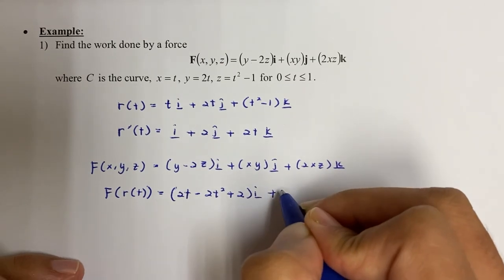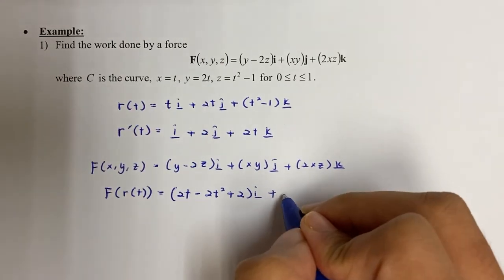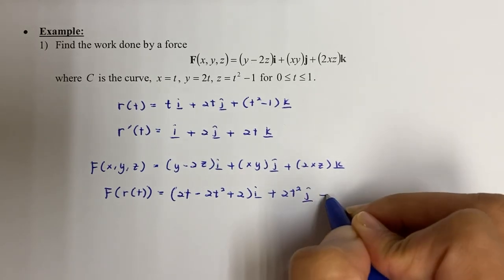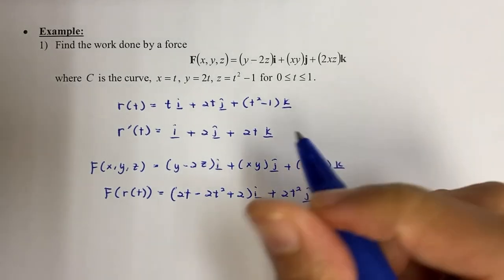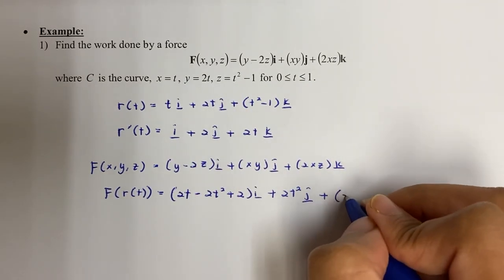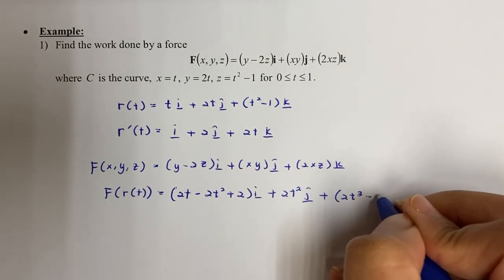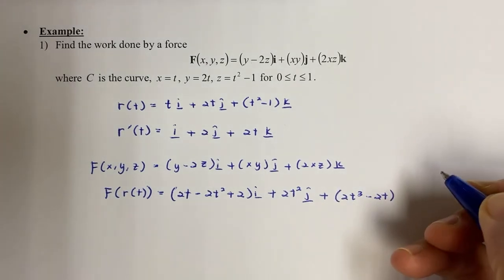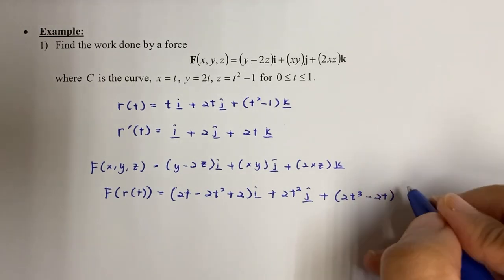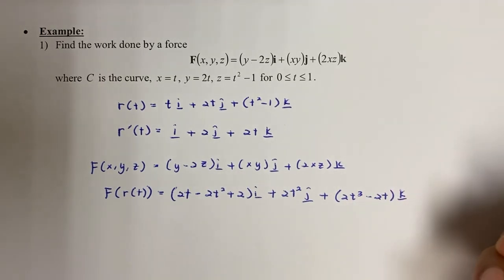Plus xy, multiply x and y, so I have 2t squared, j. Plus 2xz, so I have 2t cubed minus 2t. x and z, is it? Yes, k. Okay, so this is my F(r(t)).